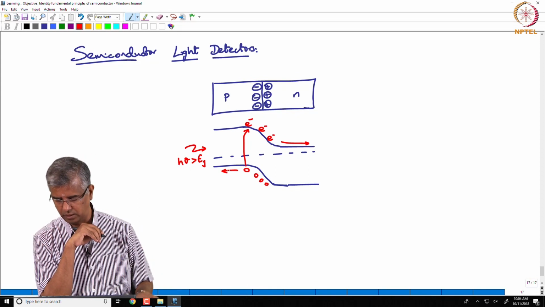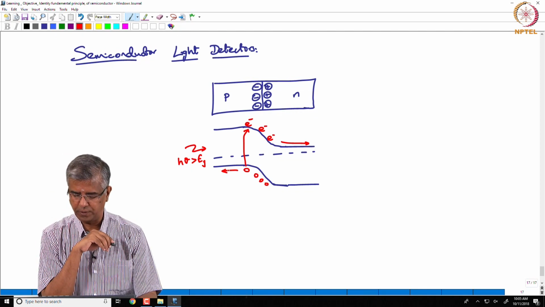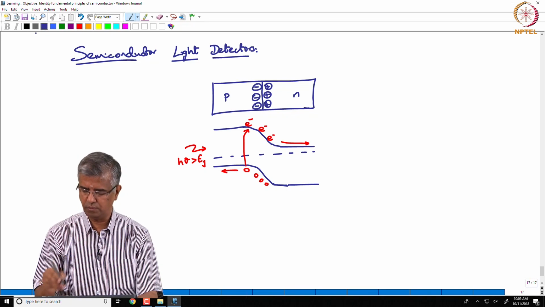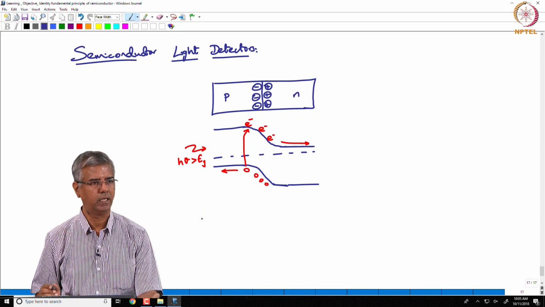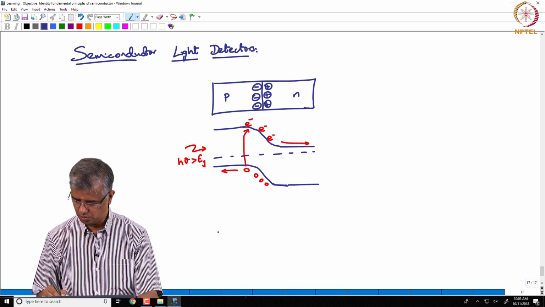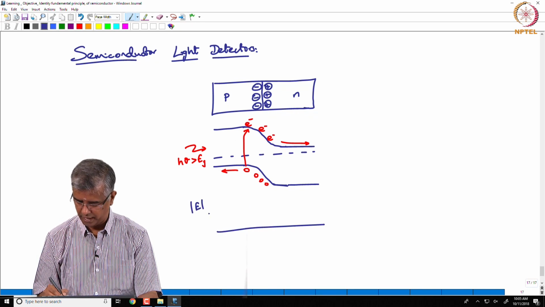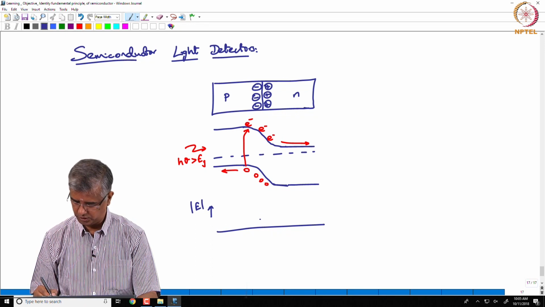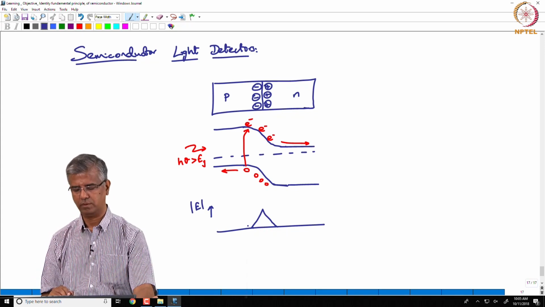the external circuit. Now, as we saw before, the presence of these fixed charges at the junction creates an electric field, right. So, when you are looking at the magnitude of the electric field at the junction, you have something like this, right.